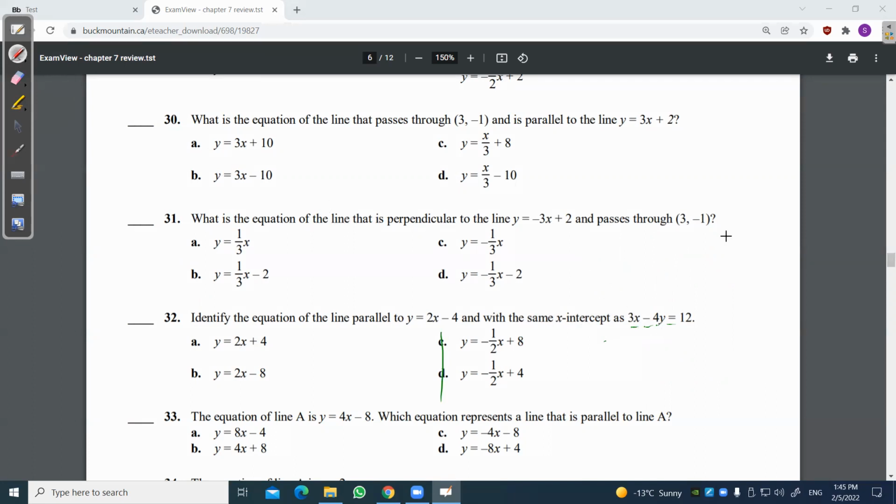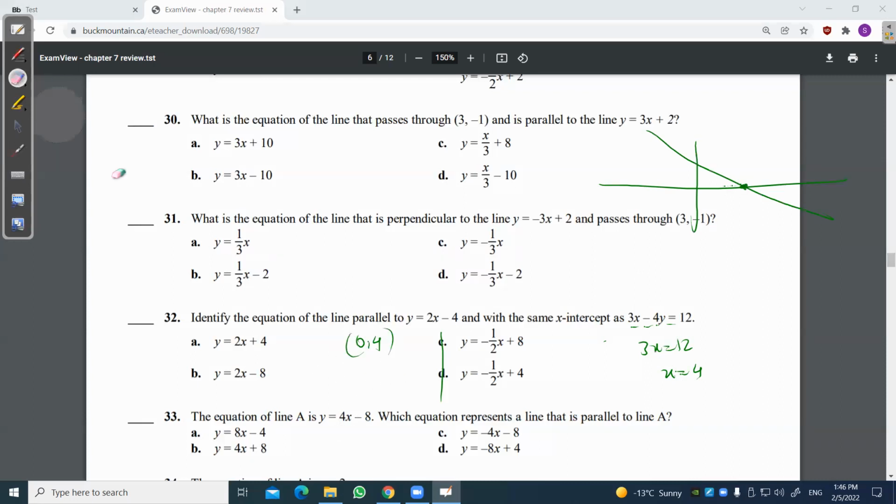If you look at any graph, this is the x-intercept. At this point, the y value is 0. So 3x equals 12, x is 4. The x-intercept is 4, right? So what's the y value on the x-intercept? 0, exactly.